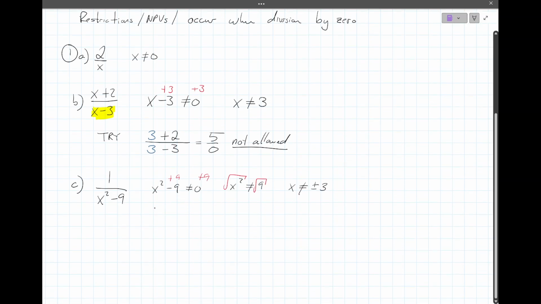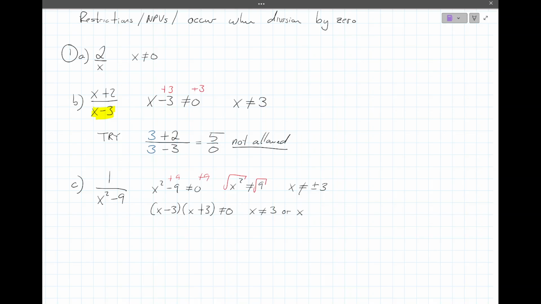Or I can recognize it as a difference of squares: x minus 3 times x plus 3 cannot equal 0. So x cannot equal 3, or x cannot equal negative 3. Either way we get the same solutions.